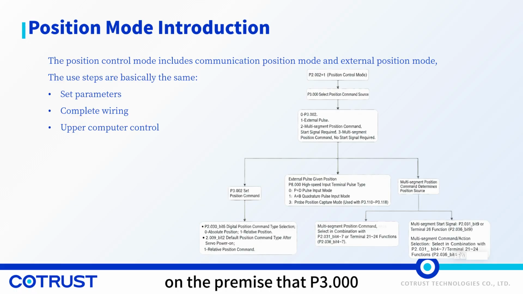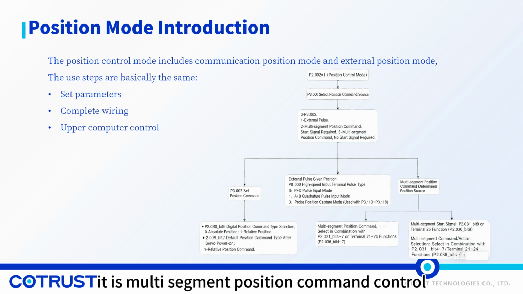On the premise that P3.000 is set to 0, when P3.002 is set to 1, it is controlled by external pulses, and then select the high-speed pulse input type through P8.000. If P3.002 is set to 2 or 3, it is multi-segment position command control.